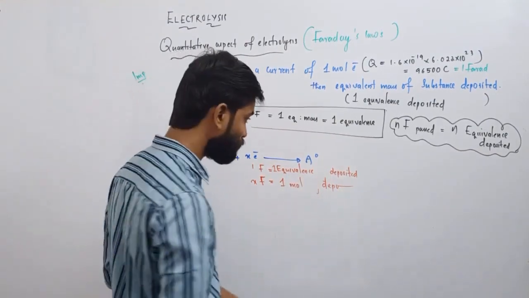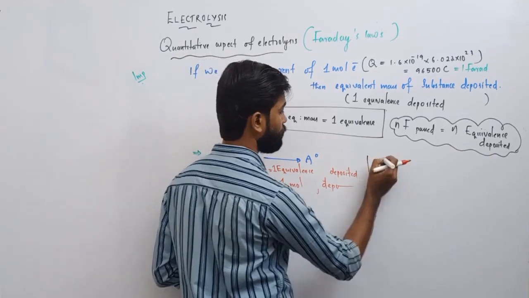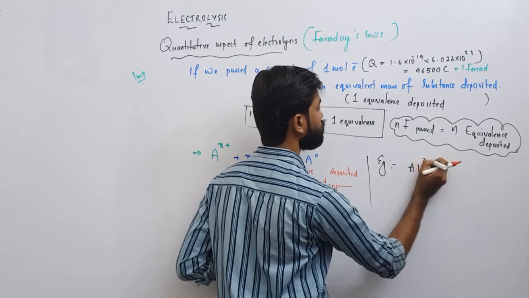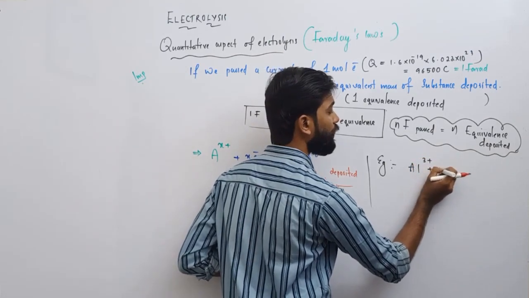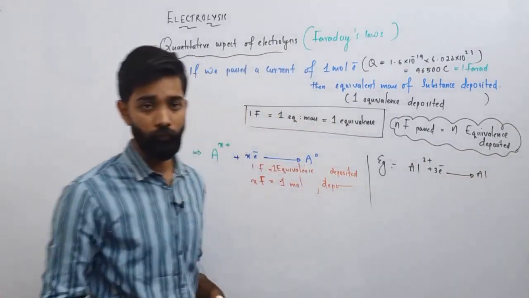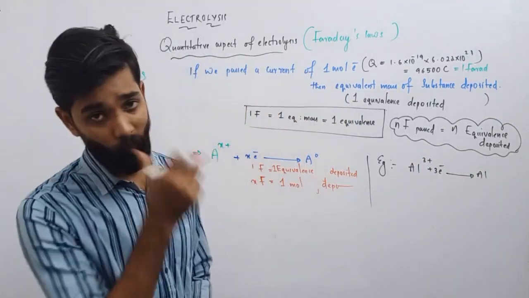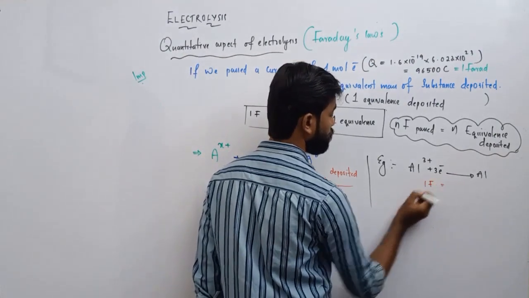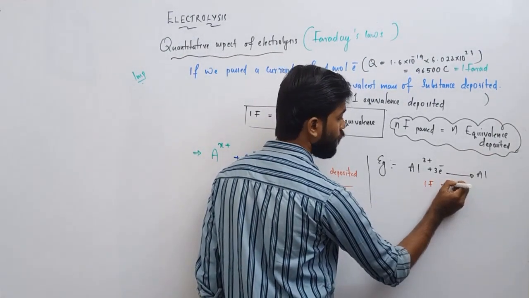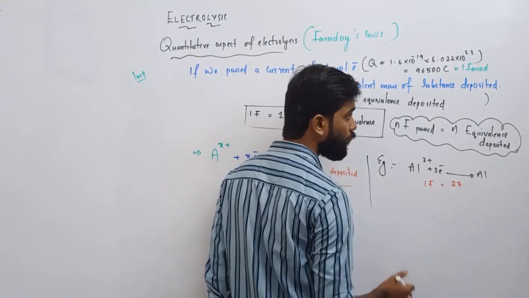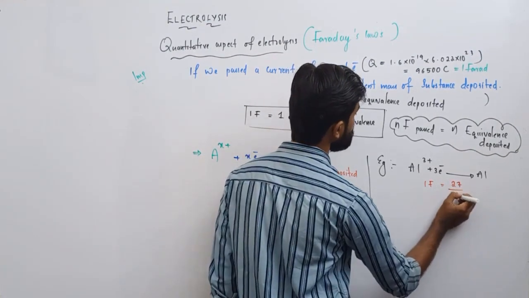Is it okay for you? For example, I have Al3 plus, and we know that Al3 plus is discharged as Al. For that, it should absorb 3 electrons. Then if 1 farad is passed, equivalence deposited means 27 by 3.